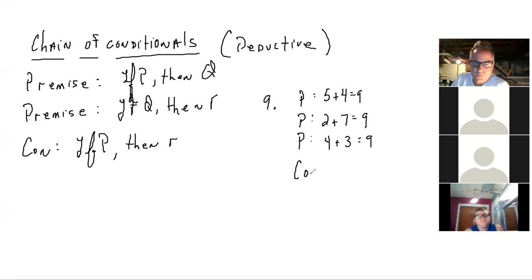Conclusion: the sum of an odd integer and an even integer is an odd integer.